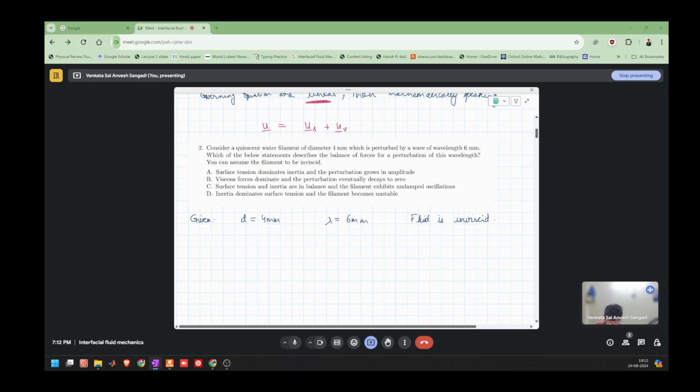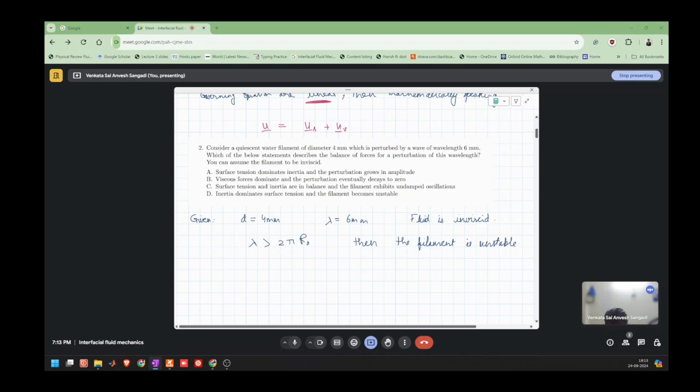Okay. So the fluid is inviscid, and therefore the condition that we already know a priori is that if lambda is greater than 2 pi r naught, then the filament is unstable.